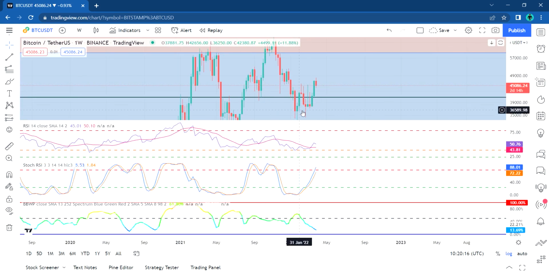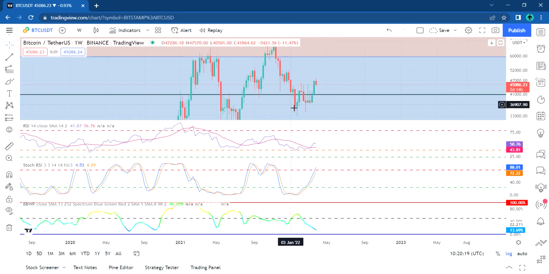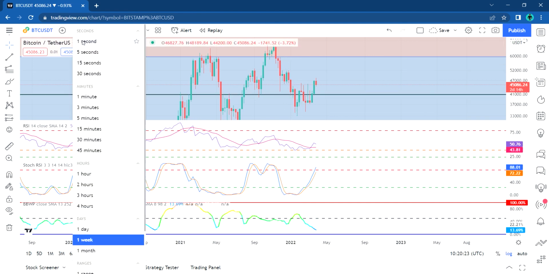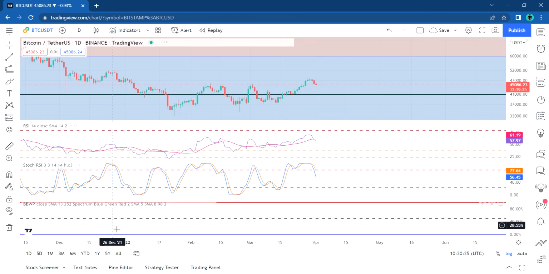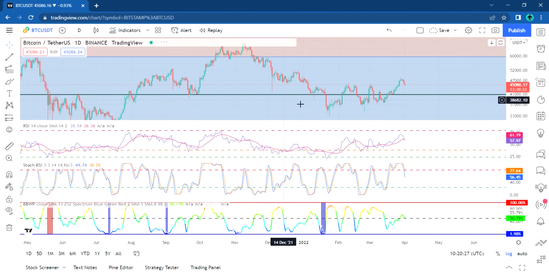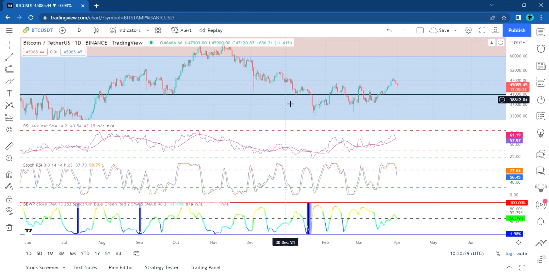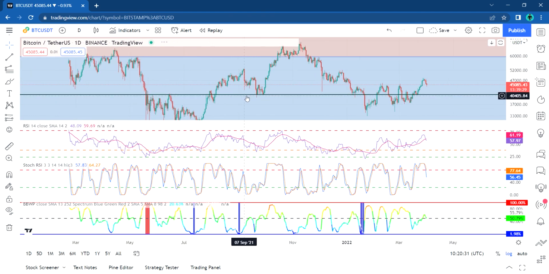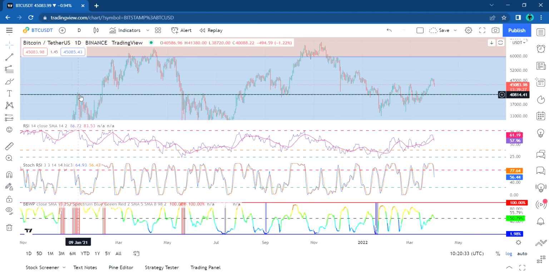So again, you can see over here we had it first of all breaking this level. Again, if you wanted to see it sooner, you would be on a shorter time frame. On the daily, you can see how well price respects this level, without being subjective. It had resistance, and then once it broke through, it went all the way up.